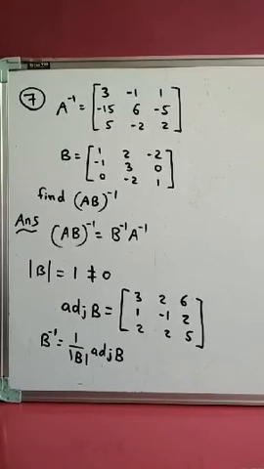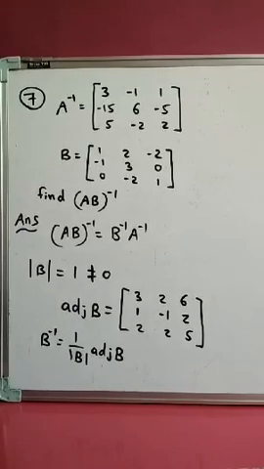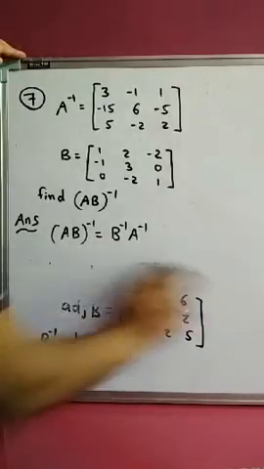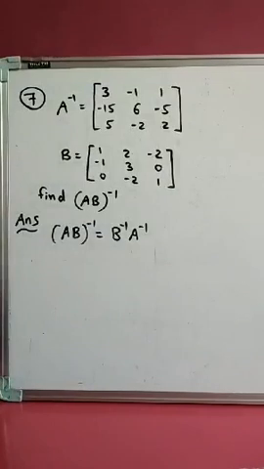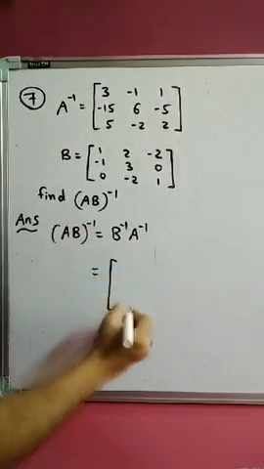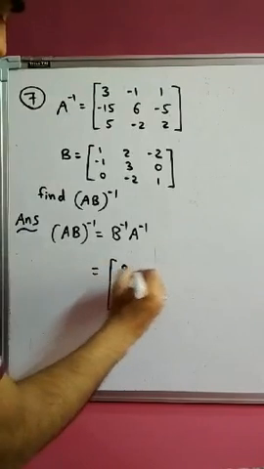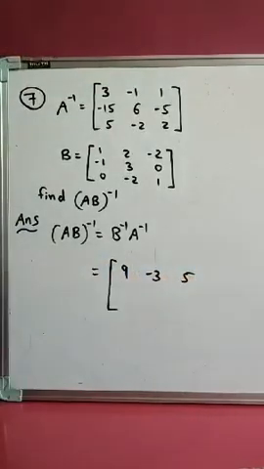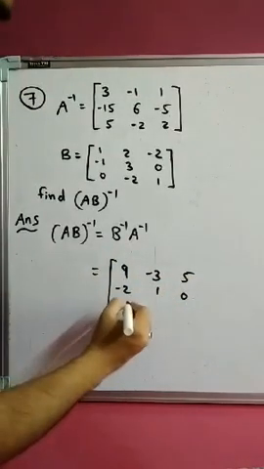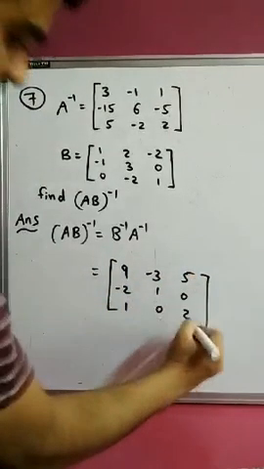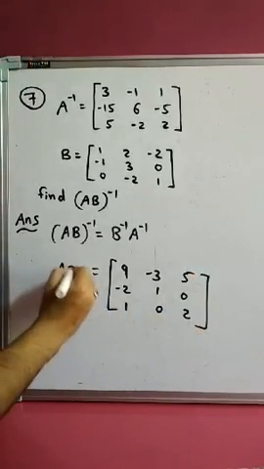Now if you multiply to find (AB) inverse, I am going to write the answer: 9 minus 3 5, minus 2 1 0, 1 0 2. This will be your final answer for (AB) inverse.